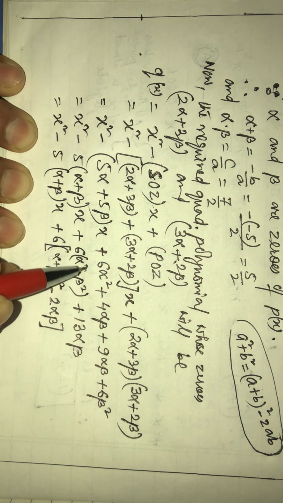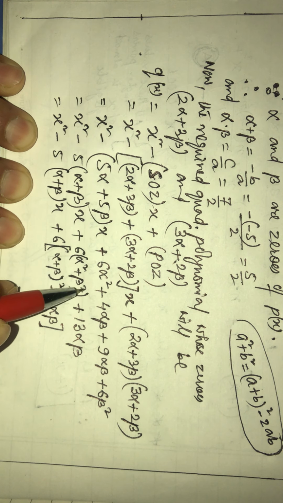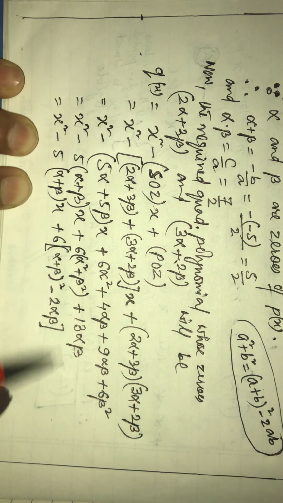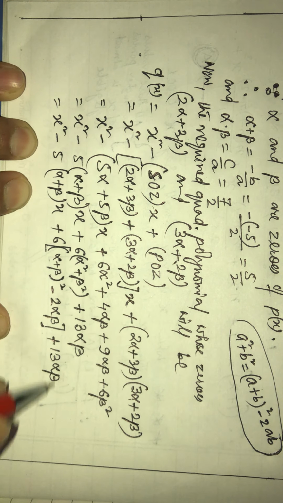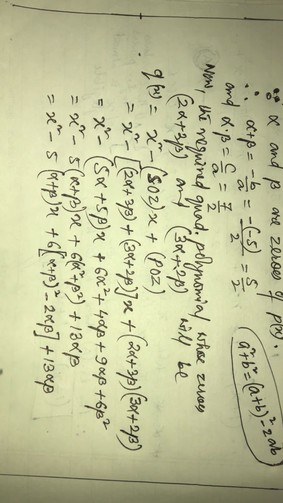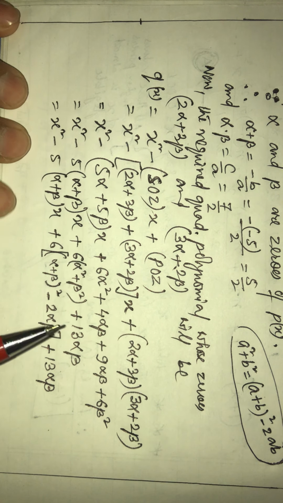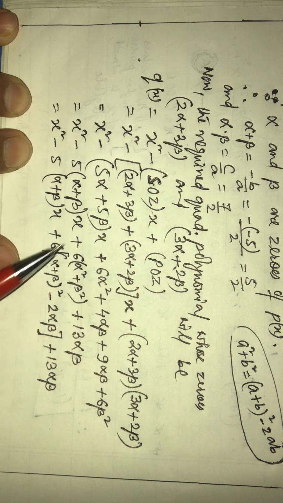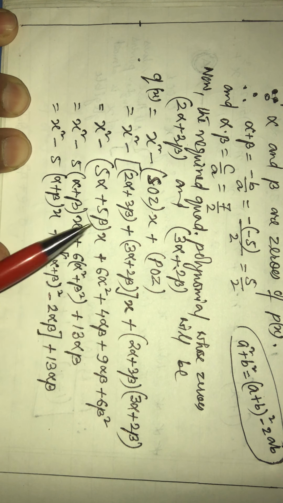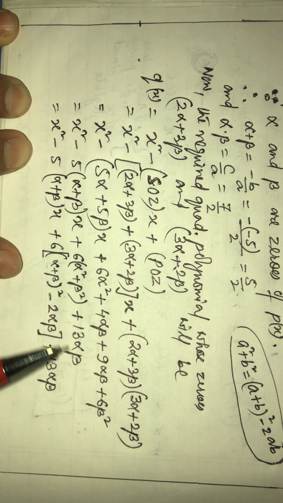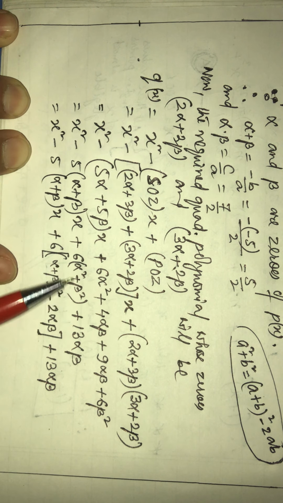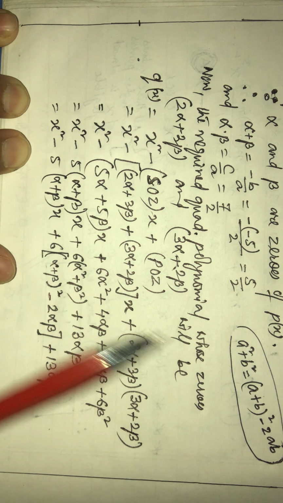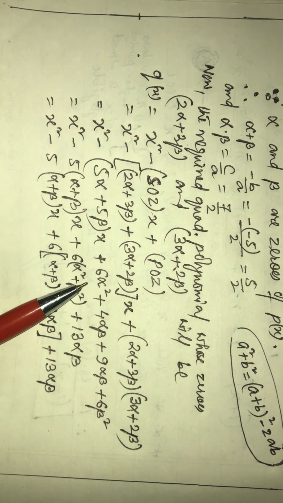Because 6 was there with alpha square plus beta square, so this whole should be multiplied with 6, and then 13 alpha beta. There is a reason for using this method, whatever method I'm following here. Because in some other question we need to make use of this form, alpha square plus beta square, a square plus b square. So that's why I kept this process here.